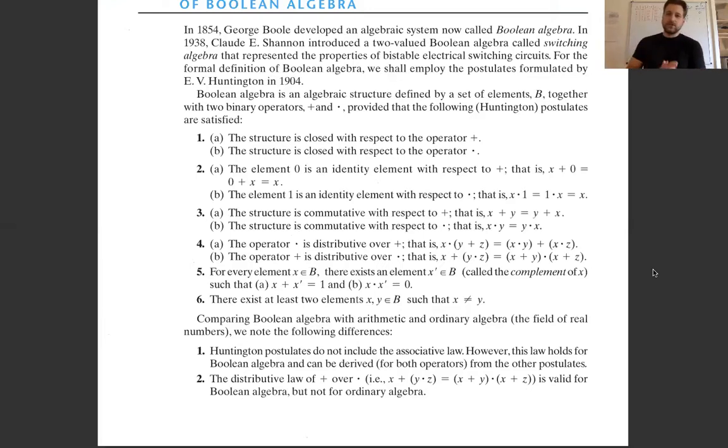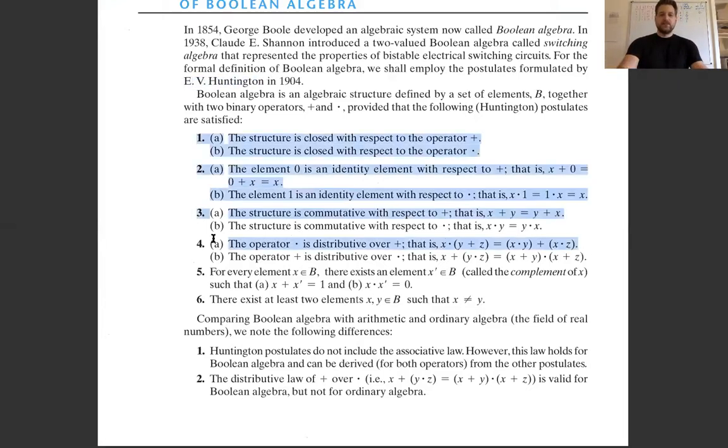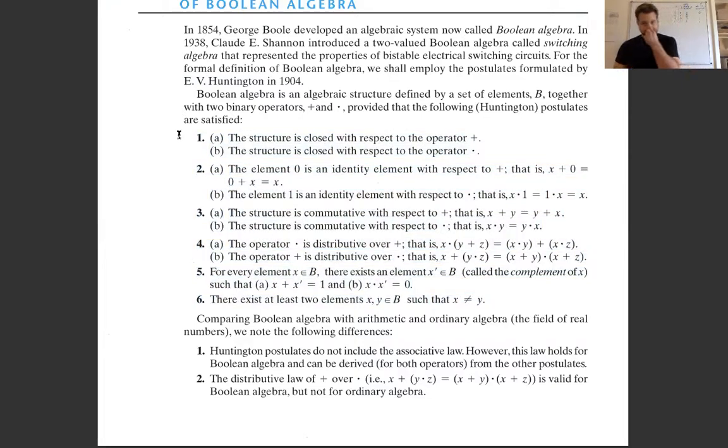1854 is George Boole, and 1904 is the mathematician Huntington, who developed these 6 numbered postulates of Boolean algebra. Boolean algebra, algebra in this system named after George Boole, is a system that uses 2 operators.